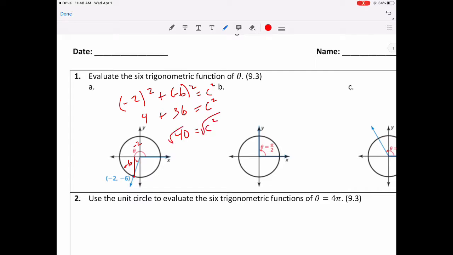And remember, with the root of 40, we want to pull out all perfect squares. So that'd be 2 root 10, because that's, again, 4 times 10. And then the square root of 4 is 2. So 2 escapes the radical. And that, again, is c, or our radius. 2 root 10. Okay.